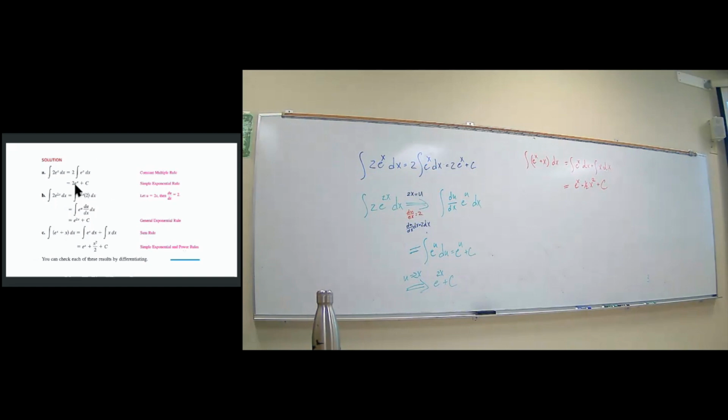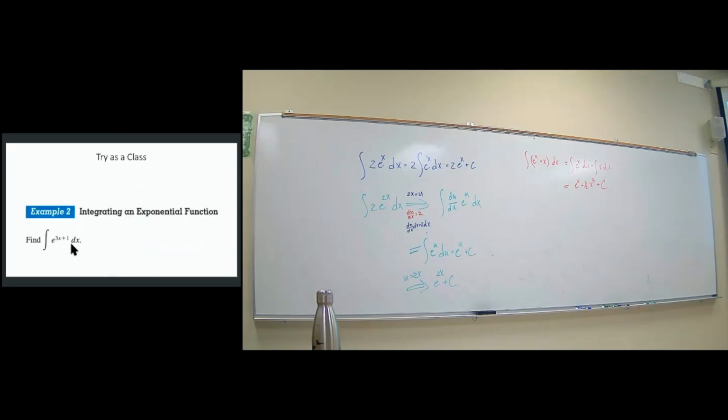Constant multiple, pulling out that 2. Here, like I said, they like to call it the general exponential rule. I like to just think of it as u sub. Then the sum and difference rule. That's it.